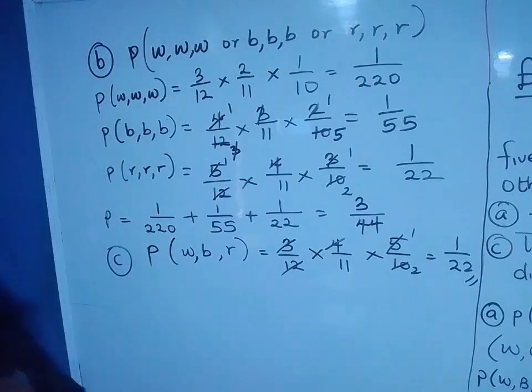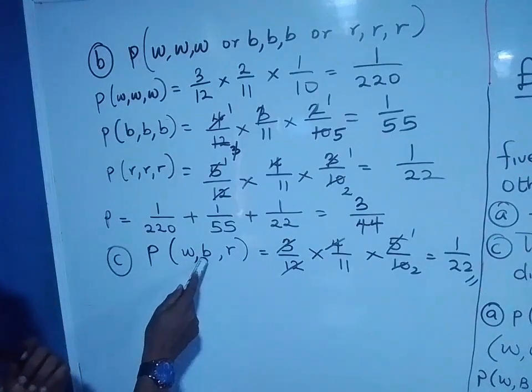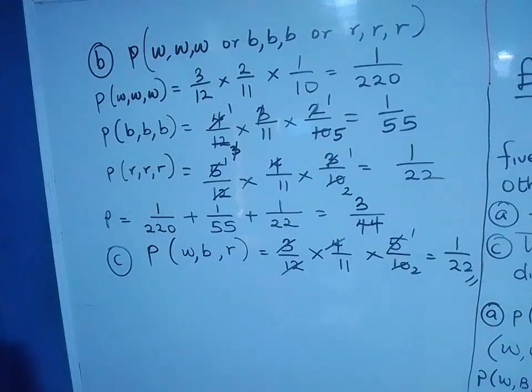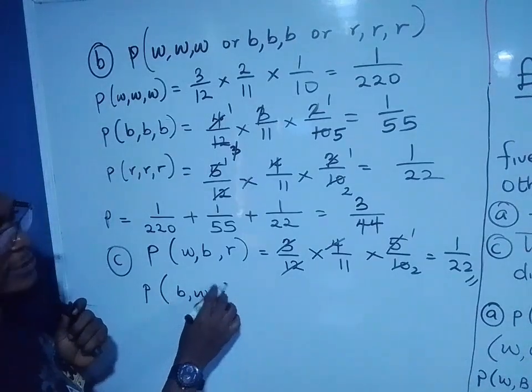Is that clear? Okay. Wait first. Let me look at this last question. I'm saying we did for only one. What if it comes as blue, white, red? Blue, red, white. Are we supposed to do that? Let's check. Let's check for probability of blue, white, red.